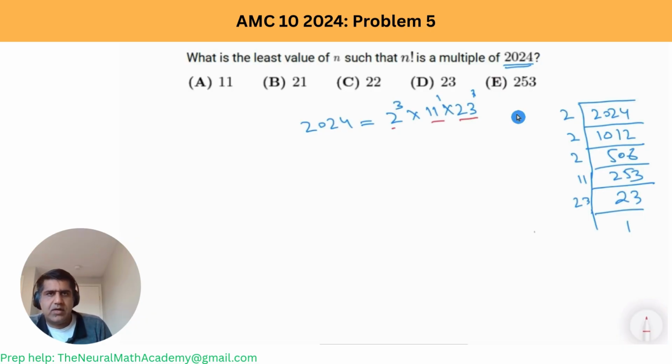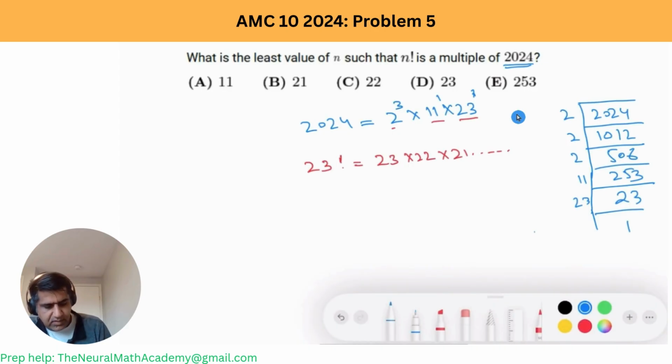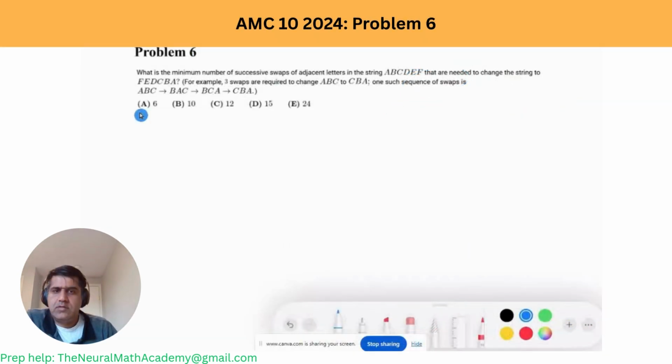It can only appear if we have 23 factorial. If I expand it, I would get 23 multiplied by 22 multiplied by 21 and so on. Therefore the least value of n that we need is 23. So D is the answer for this problem.